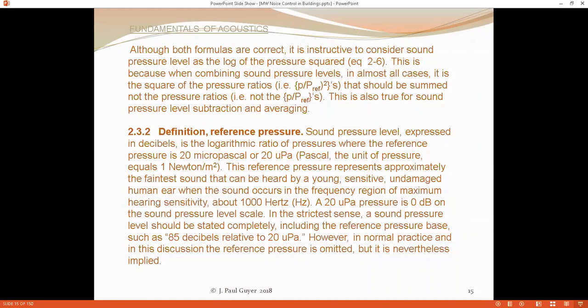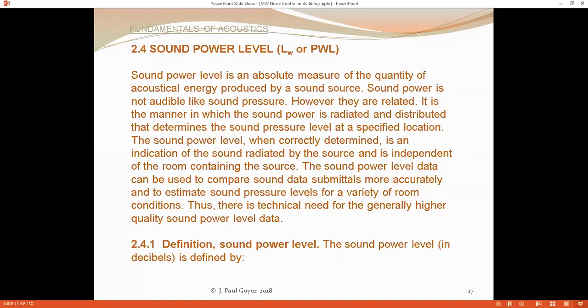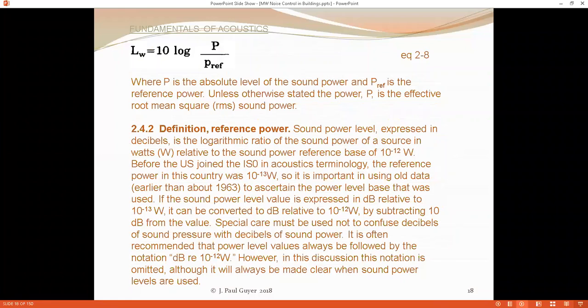So let's move forward. This is kind of extraneous or not terribly important at this point in time, but the way the sound pressure level is noted in text, it's usually abbreviated SPL, and the notation in formulas is L sub P. And the sound power level is defined as L sub W, which is 10 times the log of the sound power to the reference sound power.